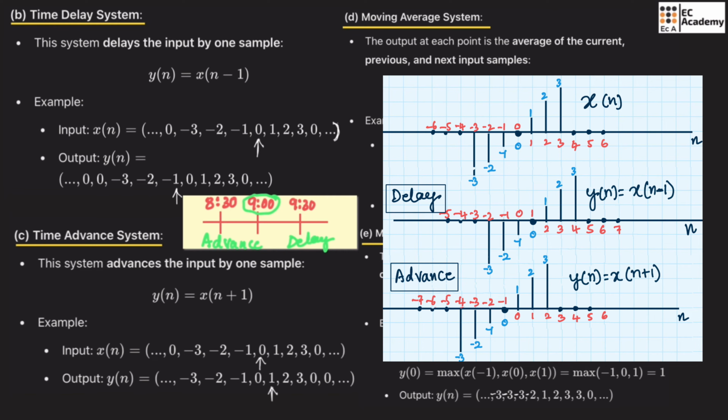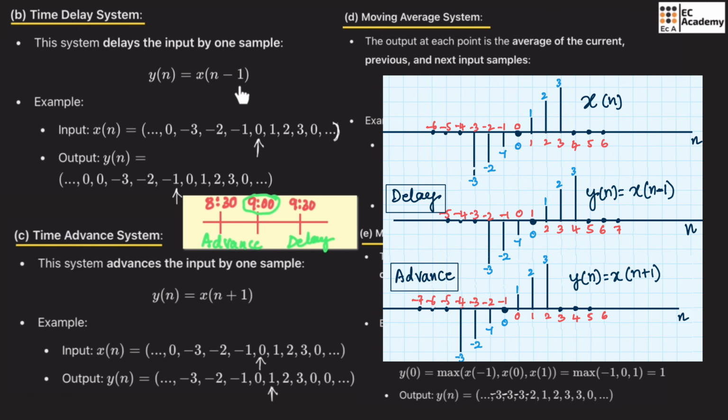In another example, you can get x of n minus 3 or x of n minus 5, which means it is delaying the input sequence by that value. So in this example, we have taken x of n minus 1, which means the input sequence is delayed by one sample.